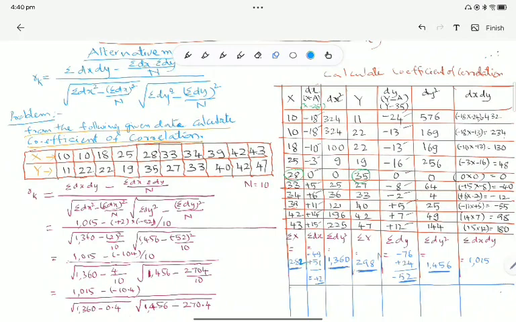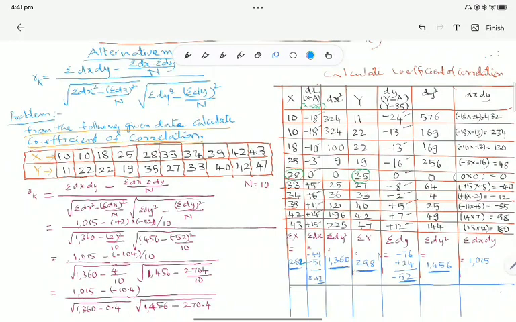Minus 13 into minus 13, here it is plus 169, the square value of dy. Then 19 minus 35 is minus 16, and 16 into 16 is 256. 35 minus 35 is 0, and 0 into 0 is 0. 27 minus 35, the deviation is minus 8, its square value minus 8 into minus 8, 64. 33 minus 35 is minus 2, the square value minus 2 into minus 2 is equal to 4.